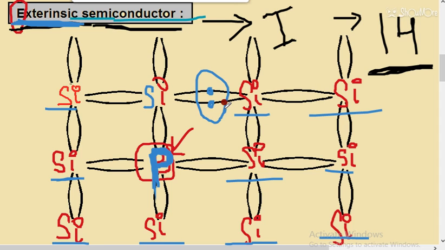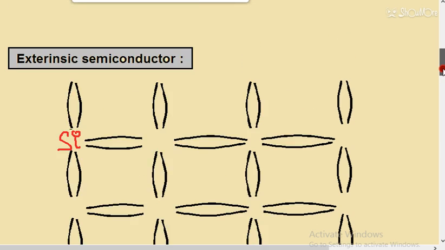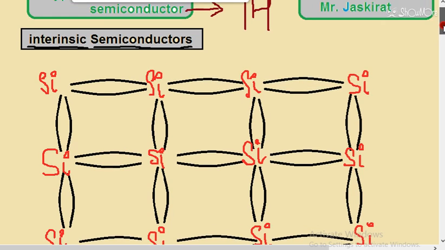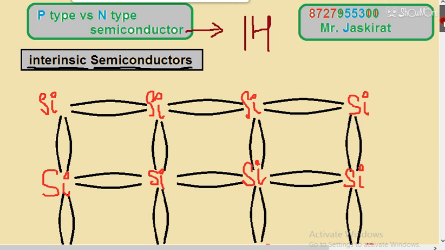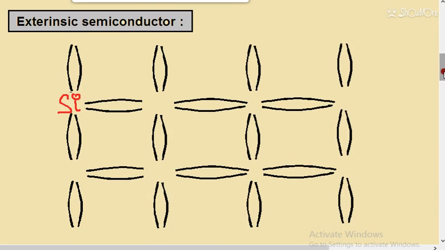So now there are two types. Up to this point, what we have seen, the two types of semiconductor. One is intrinsic, that is the purest form, and another one is extrinsic, that is having some impurity.